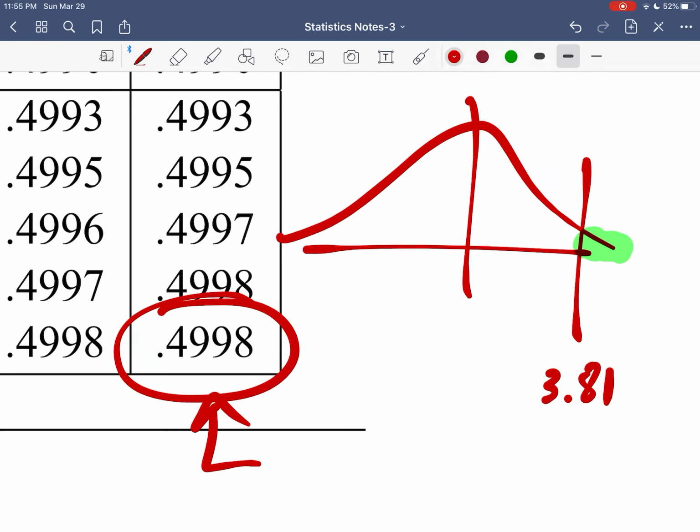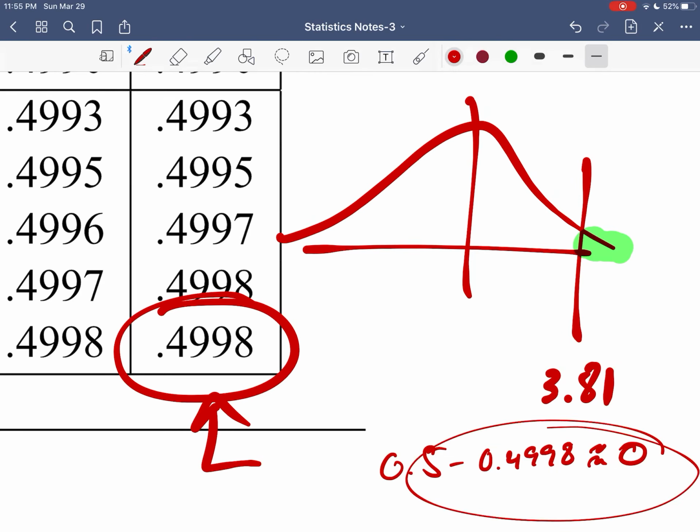So in this particular case, 50% minus 0.4998 is approximately 0. And so the p-value for this guy is also probably approximately equal to 0. Because this value here is 3.59.